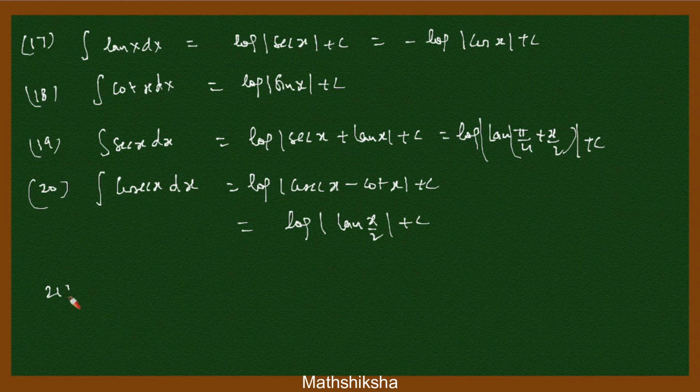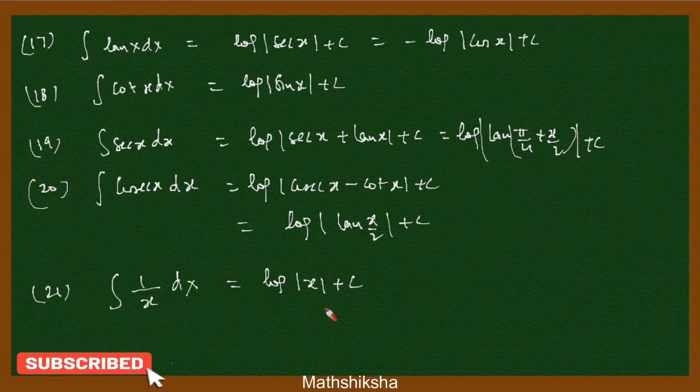And one important, this we have missed out earlier, 1 by x integral is log mod x plus c. So initially we'll do these 21 formulas, we'll do integration based on these 21 formulas, then we'll do some more methods of integration. So in the next class, we'll continue with the process of finding the differentiation.